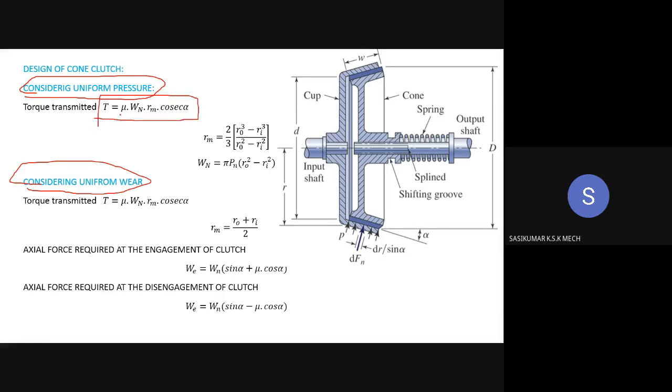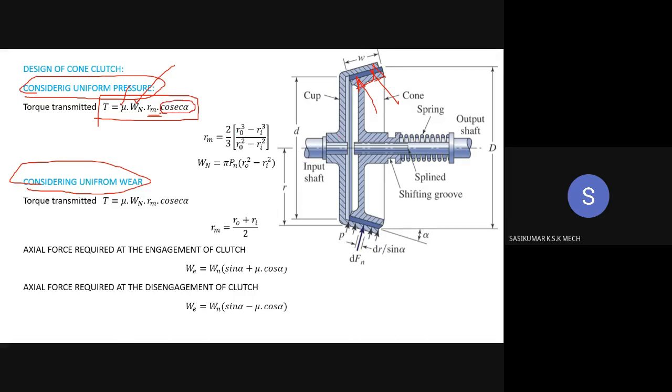Okay, so now the torque transmitting capacity of the clutch. We saw already this is the coefficient of friction, and here it is normal load. Since the load is acting at an inclined direction, you should assume a normal load, and this is the mean radius of the frictional surface. You have one more term added with it, that is cosecant alpha.